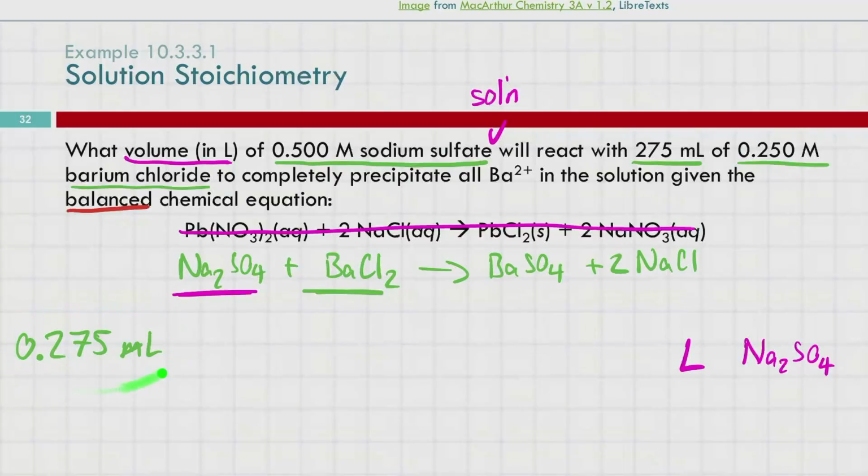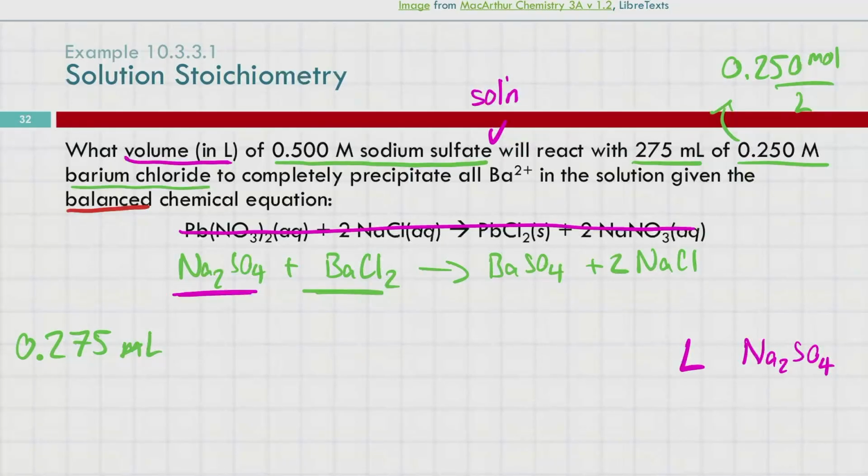We can go from volume to moles using molarity. If we keep in mind that this is 0.250 moles per liter. So magically change that capital M into moles over liters.